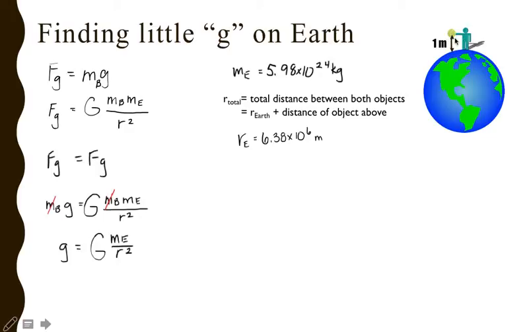But in reality, 1 meter is negligible compared to 6.38 times 10 to the 6th. If we were to add those two numbers together and put them into scientific notation, we would still get 6.38 times 10 to the 6th.